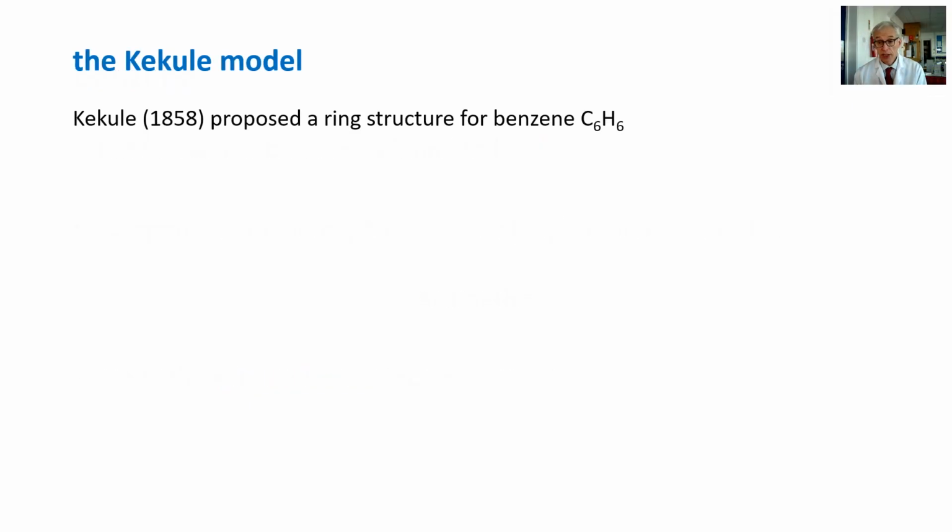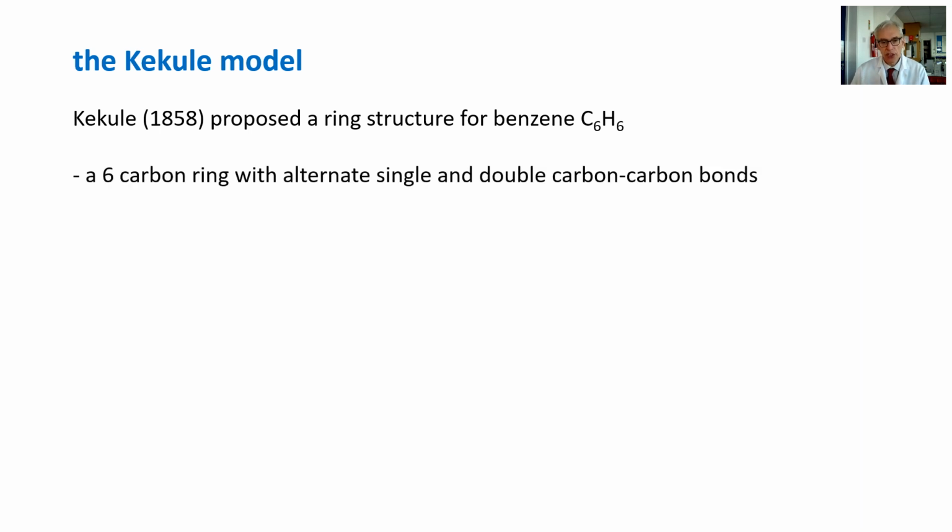We will initially start to discuss the chemistry of benzene through the Kekule model. Now Kekule, as you will read, pondered long and hard on how on earth 6 carbons and 6 hydrogens could form a stable molecule, and he proposed a ring structure which consisted of a 6 carbon ring, obviously C6H6, with alternate single and double carbon bonds.